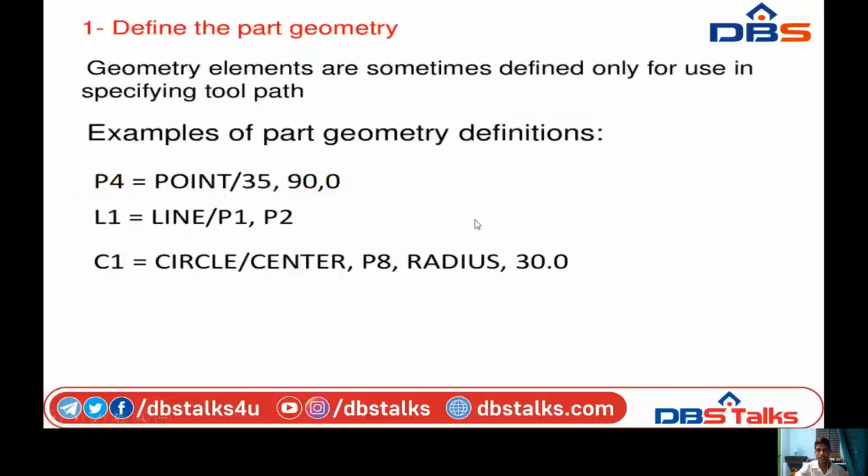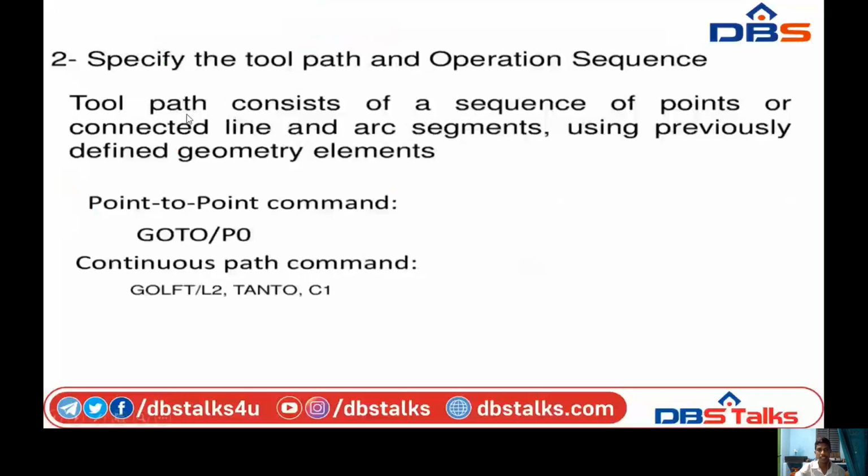Here I am explaining the process of generating a circle. I am taking one arc. The starting point is this one and the ending point is that one, and the middle is the radius. Here also C1 is the circle. It is generated by using center and radius, P8, radius 30, 0.